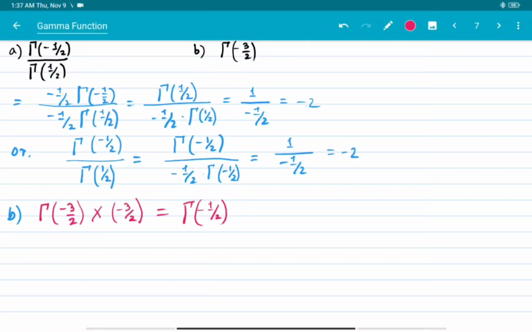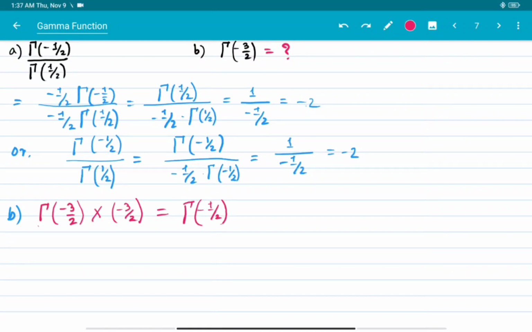I'm writing this to figure out the value of gamma of minus 3 over 2, and gamma of minus half can be written in this format, so you can check it out.